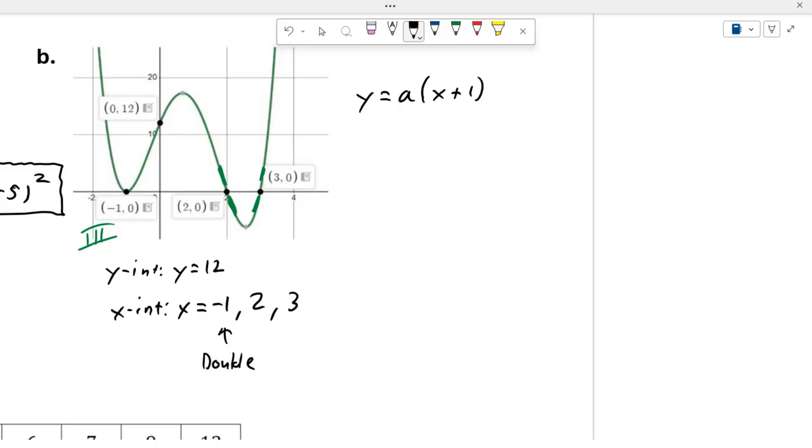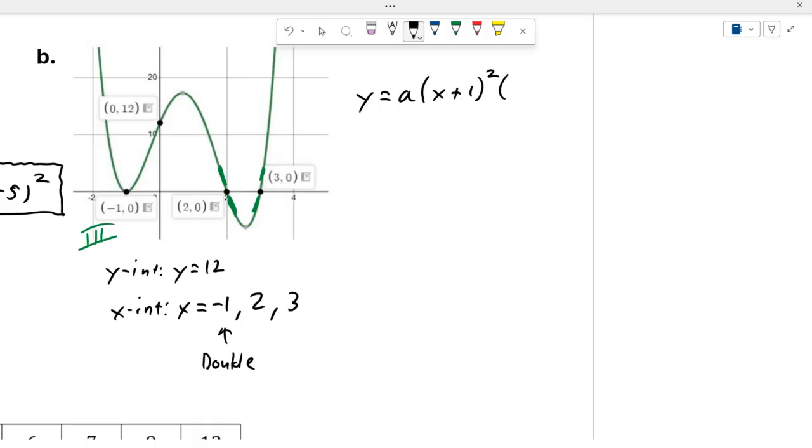And because it's a double root, I'm going to square it. If you haven't seen that before, that's fine. I don't think everyone has seen that. But when you have a double root like that, you can express it as x plus or minus whatever, and then it's squared.